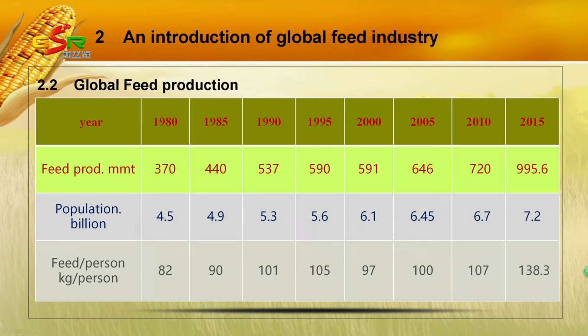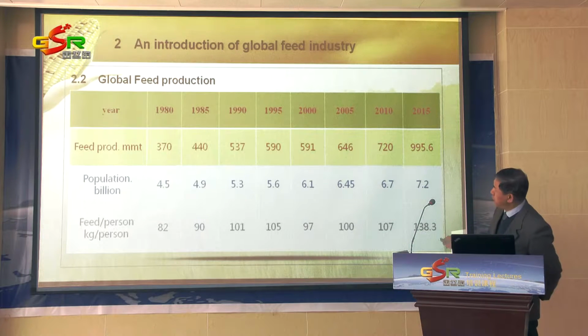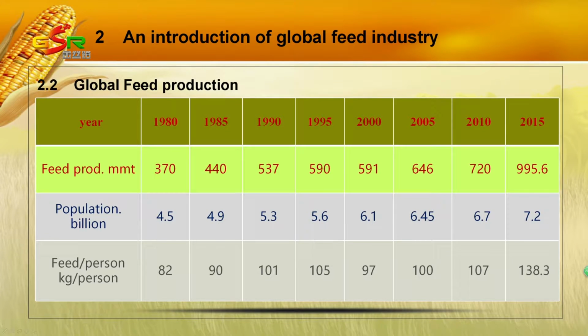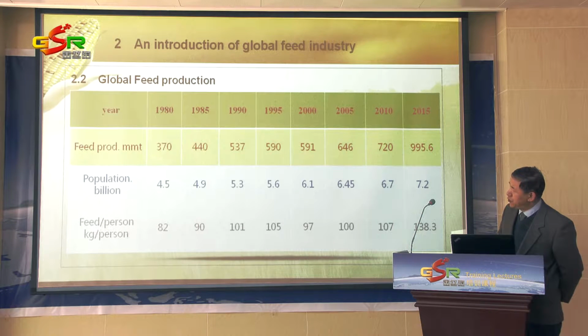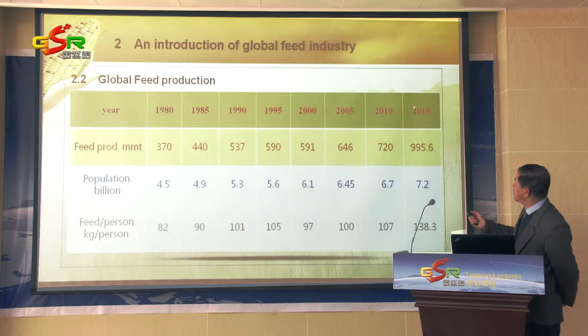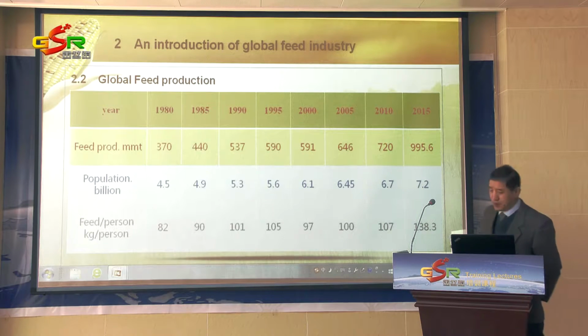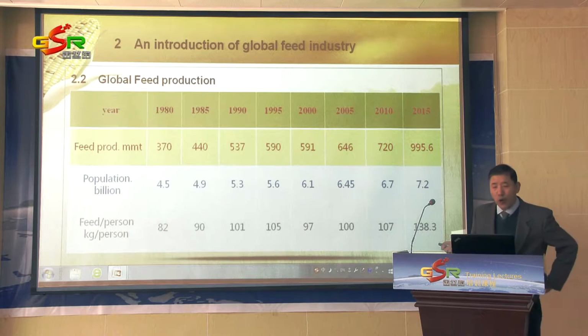This is a table about the global feed production. From this picture you can see, first is the feed production from 1980s. In that year, the world feed production is only 370 million metric tons. But in 2015, this feed production has reached 995 million metric tons, increased by 1.69 times.